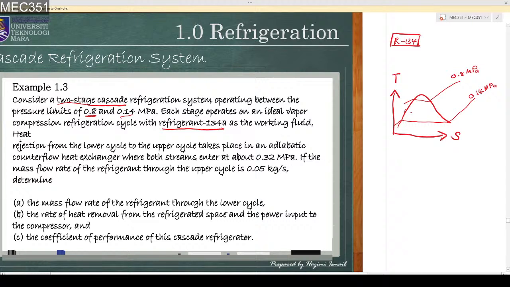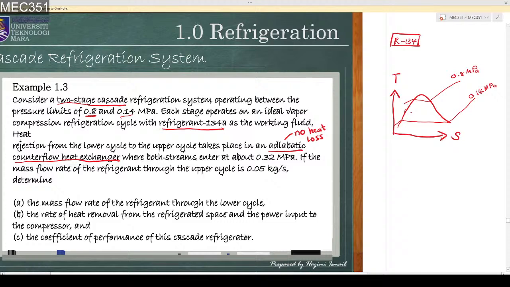Heat rejection from the lower cycle to the upper cycle takes place in an adiabatic counter flow heat exchanger. The most important information here is the term adiabatic. Adiabatic means no heat loss.